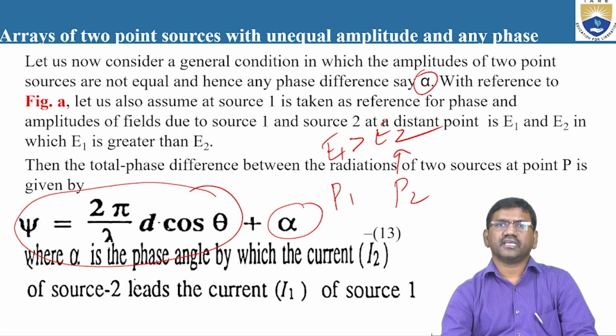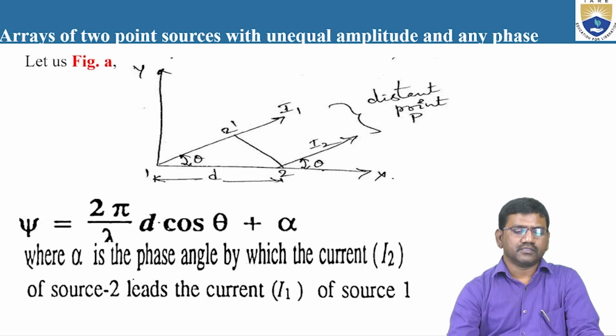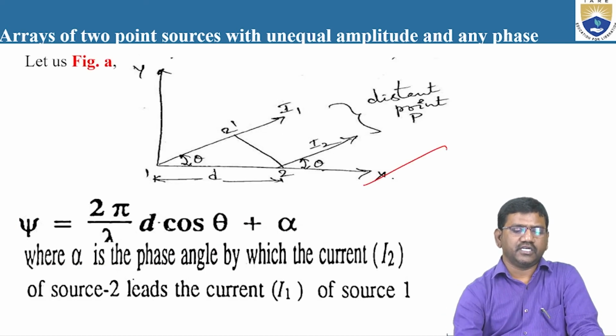But as we are considering the case of unequal amplitude and any phase, we add an extra parameter, the phase difference alpha. That is, psi is equal to beta d cos theta plus alpha. So alpha is the phase angle by which the current I2 of source 2 leads the current I1 of source 1.